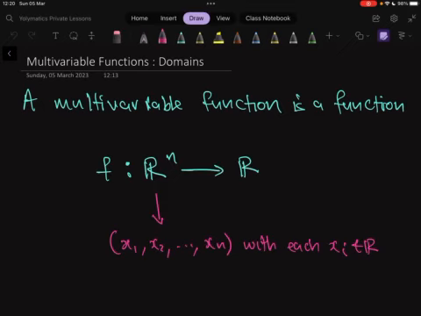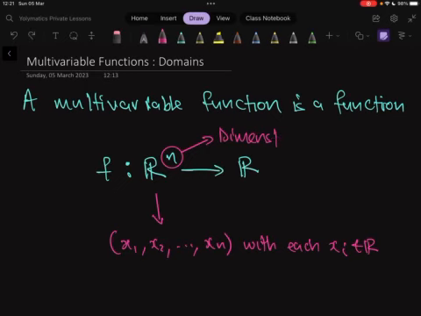Though we have now defined a multivariable function in general, today we are going to focus on looking at these functions in two-dimensional space. The order of the tuple that each function can take is called the dimension of that function.